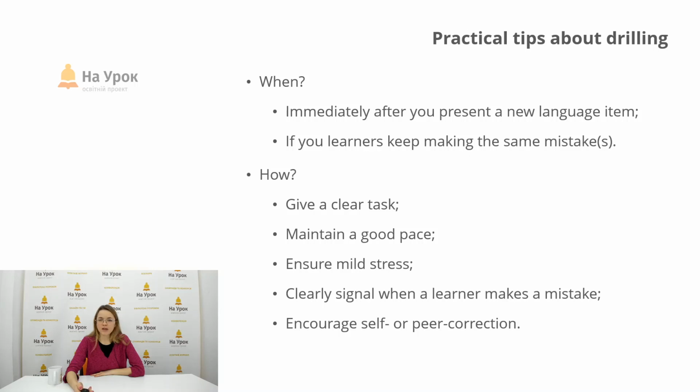Now, how? It is very important to give a clear task. You shouldn't expect that your students will immediately understand what you want them to do. You just point at the student and say, "Він у джинсах," and your students are like, and what? So you just explain. Right now, I'm going to give you some sentences that I want you to translate. Translate from Ukrainian into English quickly.